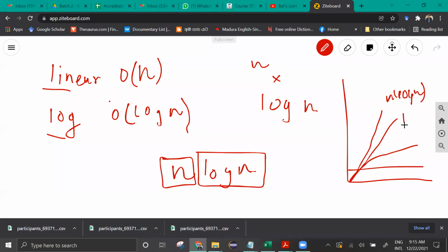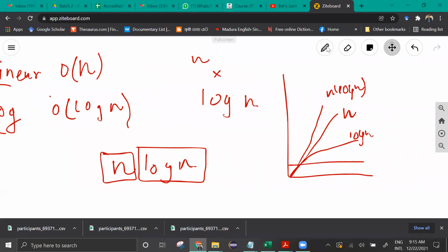So this is n, this is log n. This is one, constant. The next one would be n squared.